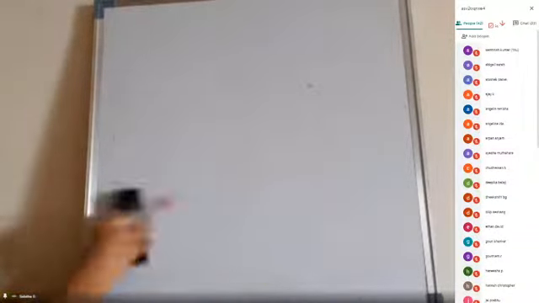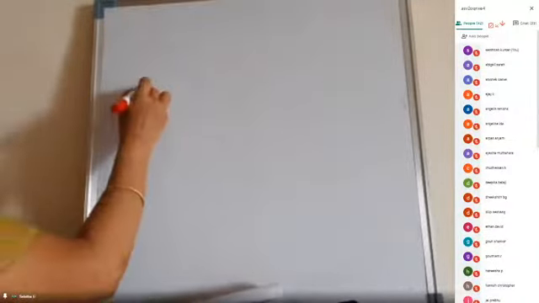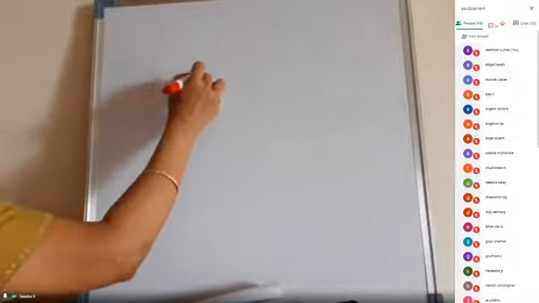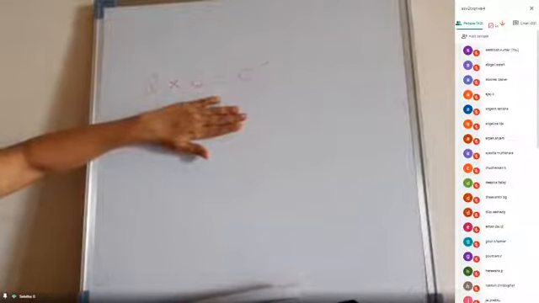Now, the idea I give you. A cross B equals 0 vector. What is the meaning here?